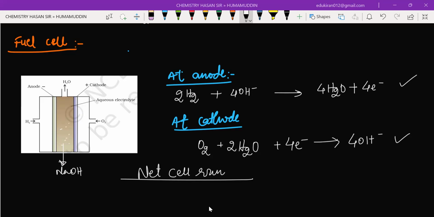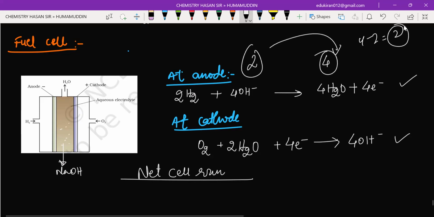Sir, there's 2H2O and 4H2O. Can I reduce it? Yes, you can, basically it's like maths. Here it is 4 and here it is 2, so 4 minus 2 becomes 2 only. So in the net cell reaction, first of all this 2 will be cancelled, this 2 will be cancelled, yes or no?